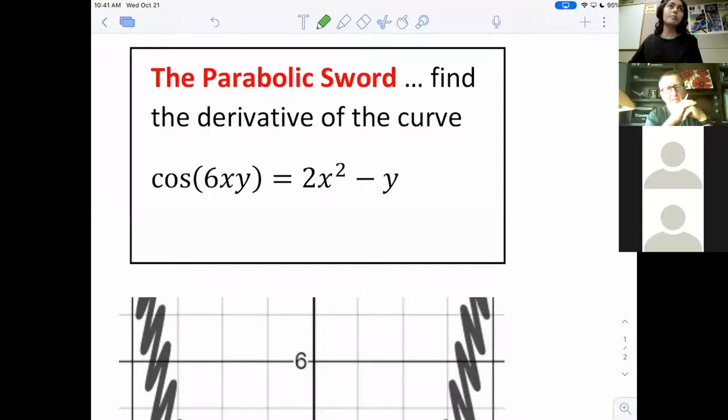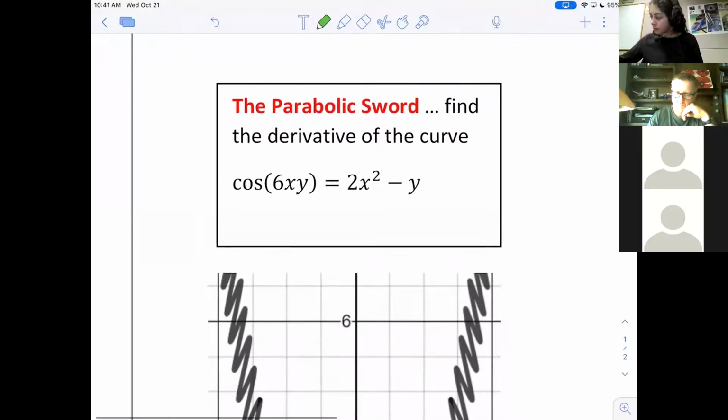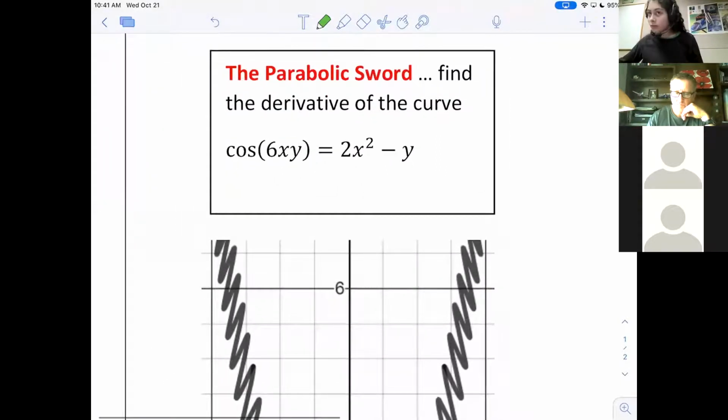Feel free to chime in, like if you come across something, or you can say, I took the derivative of cosine of 6xy and I got this. Is that right? You can ask me those questions. Yeah. So I've got the derivative. Now I'm just trying to algebra out the y prime.